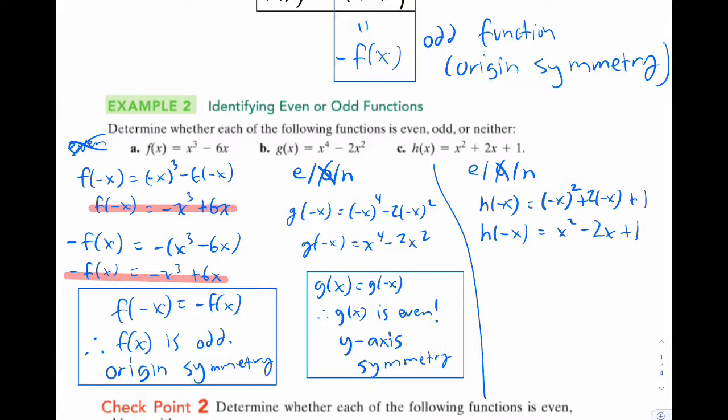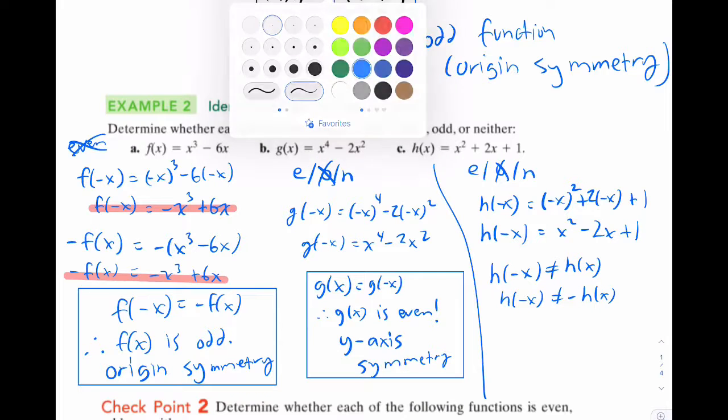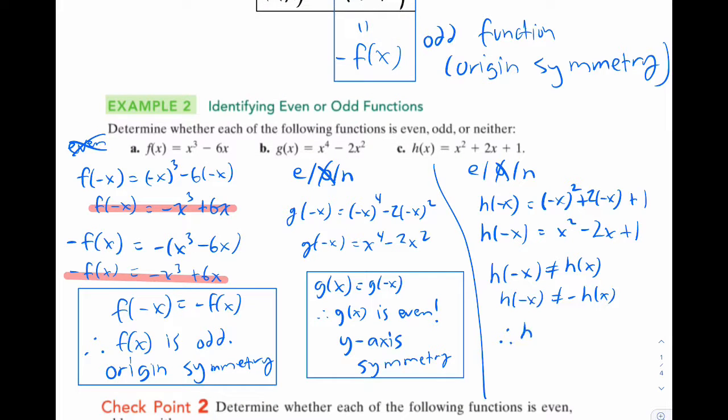Let's compare it to the original. It's not the same. So we're going to write h of negative x is not equal to h of x. And we also know that h of negative x is not equal to negative h of x from earlier, because we know it can't be odd. So we're going to write, therefore, h of x is neither. There is no symmetry.